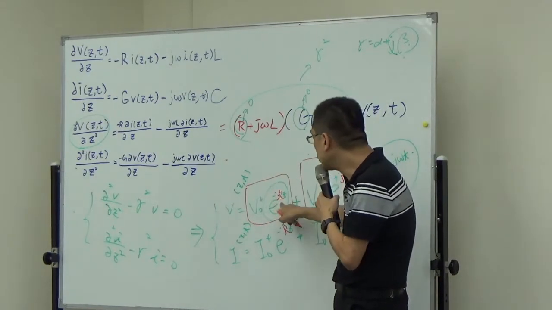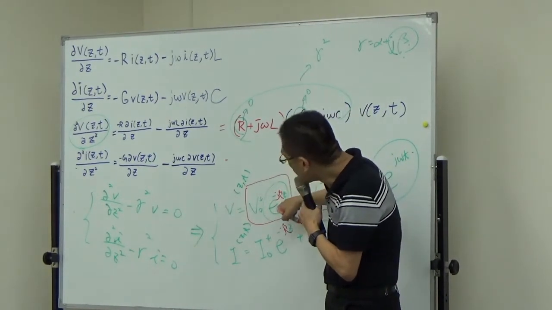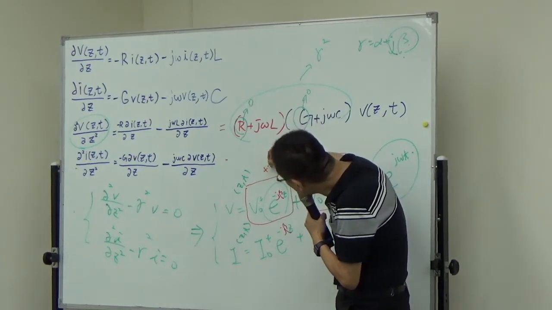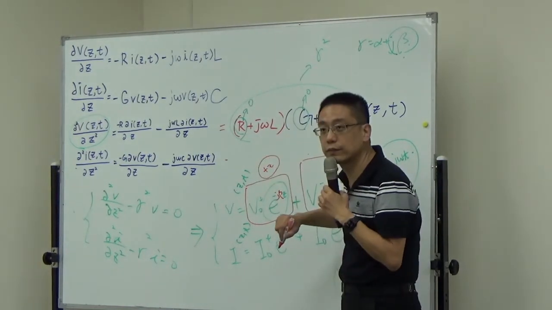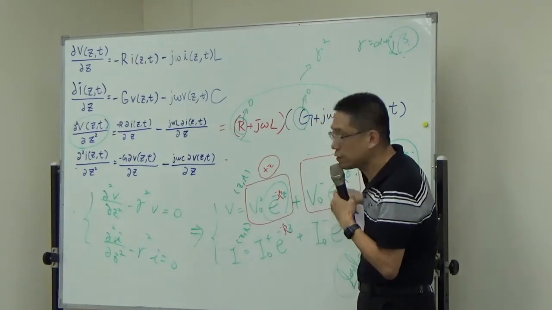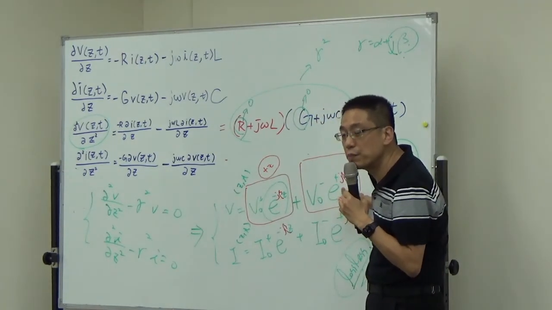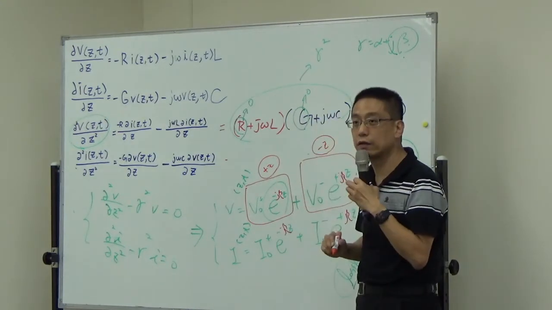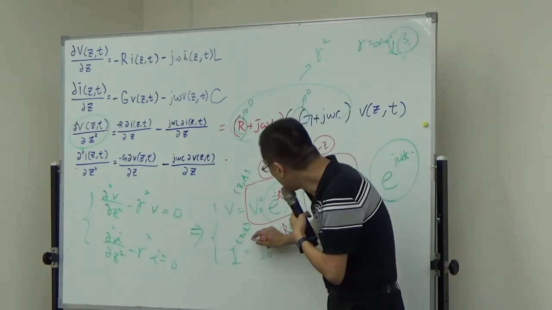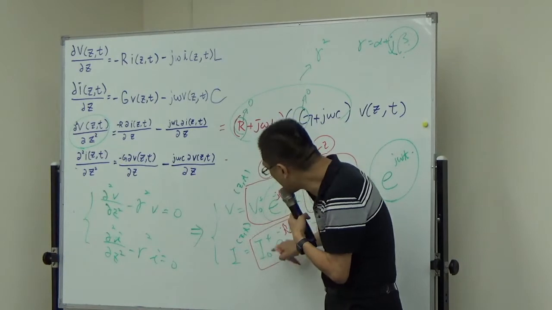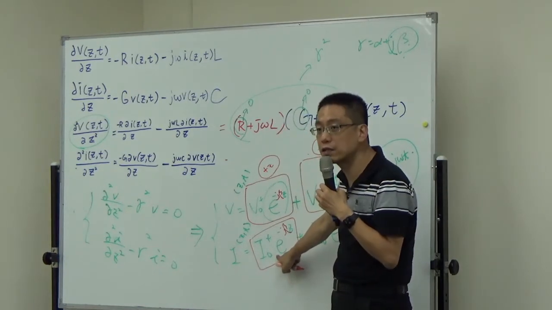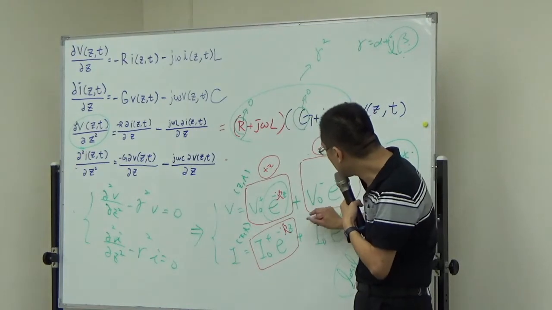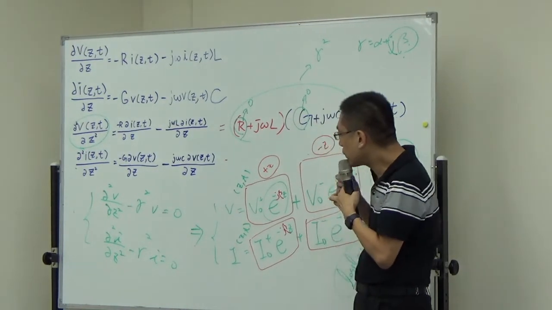This is the voltage going in the positive Z direction. This is the voltage moving in the negative Z direction. And the same for the current: this is the current moving in the positive Z direction, and this is the current moving in the negative Z direction.